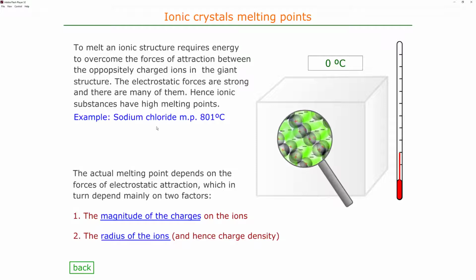Rather something about the same size, relative mass-wise, as an ethanol molecule. And ethanol, of course, is a liquid at room temperature. Whereas to melt sodium chloride, we require a temperature of about 801 degrees.